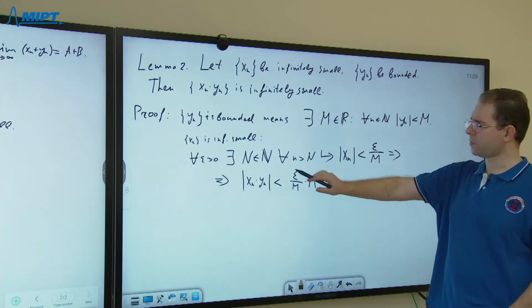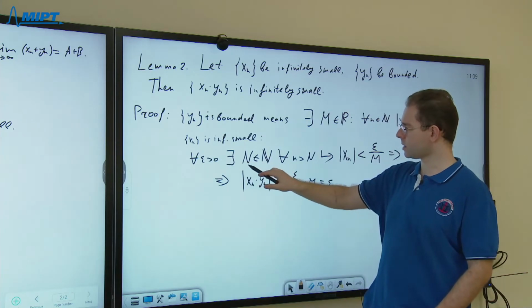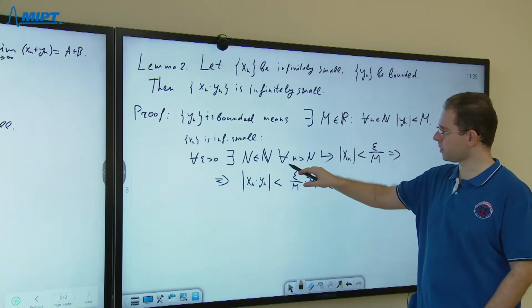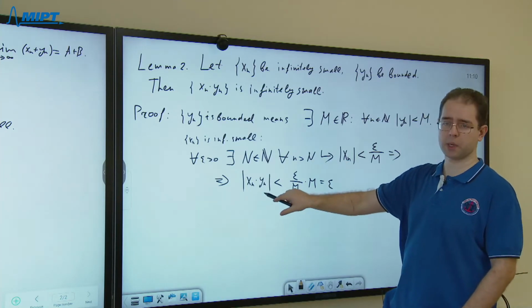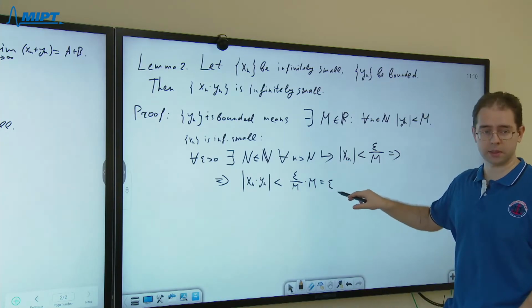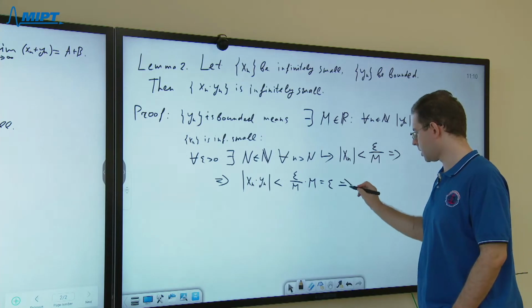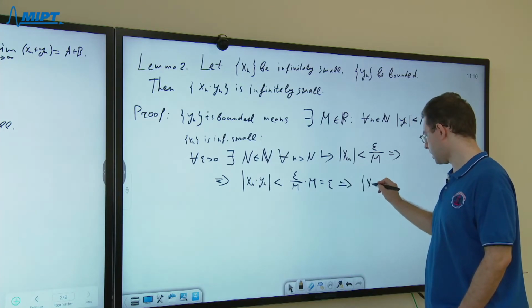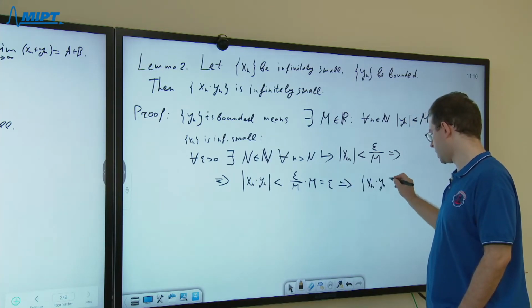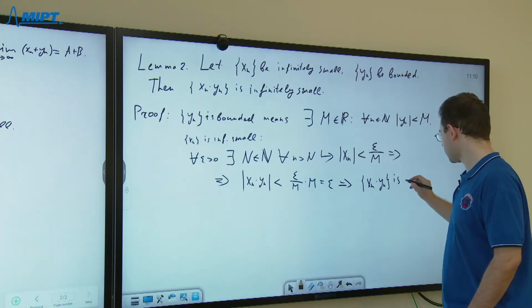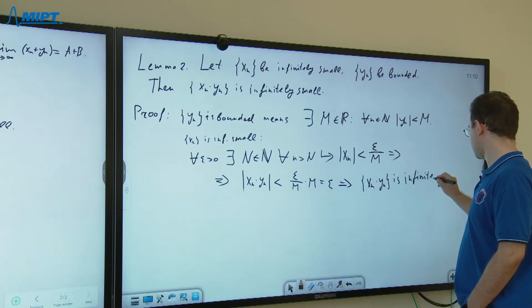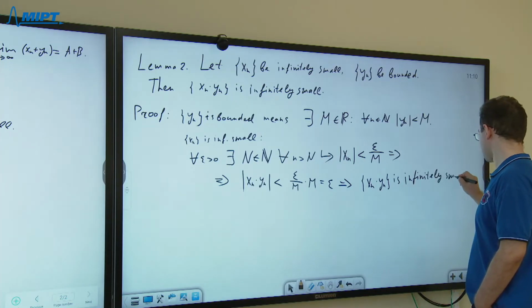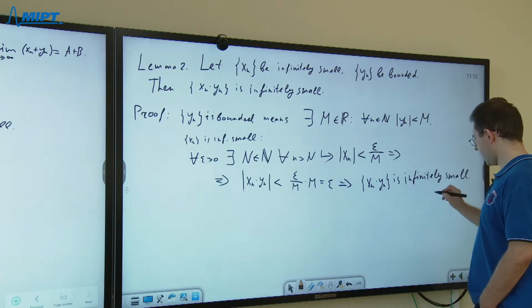So for any epsilon, there exists capital N such that for any small n greater than capital N, the absolute value of xn times yn is less than epsilon, which means that xn times yn is infinitely small. End of proof.